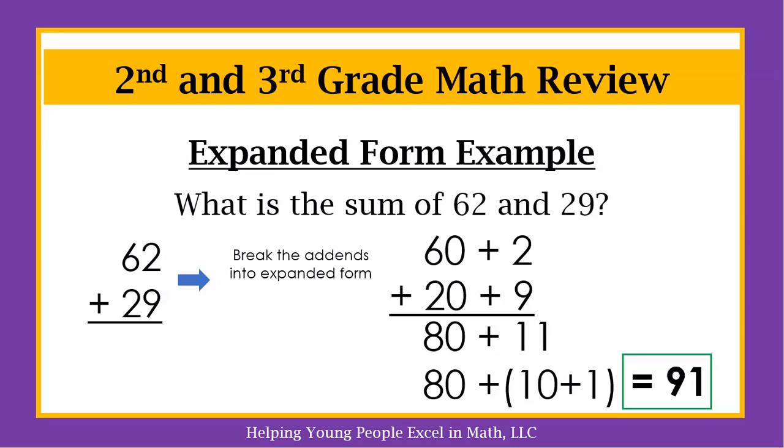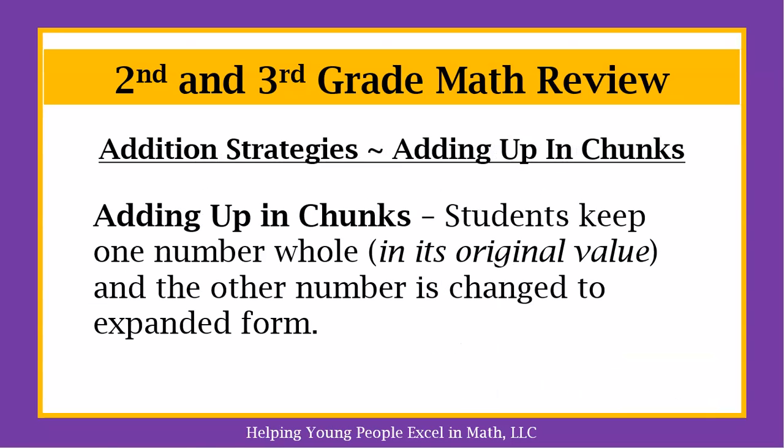Let's look at one more strategy. This is called adding up in chunks. For this strategy, students keep one number whole, which means it stays in its original value, and the other number is changed to expanded form. Let's take a look and see what that really looks like.